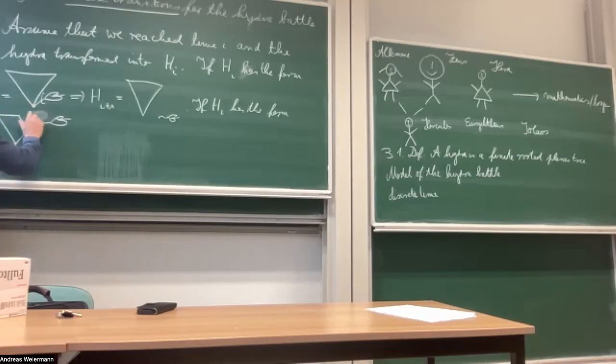Again, we have x coming over here. And here's some subtree of this form. So there is a head of height at least 2, but it can be higher.